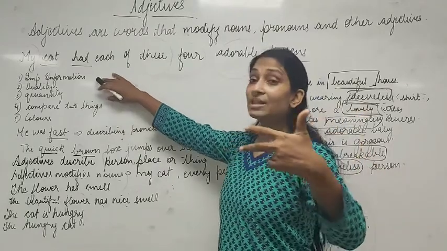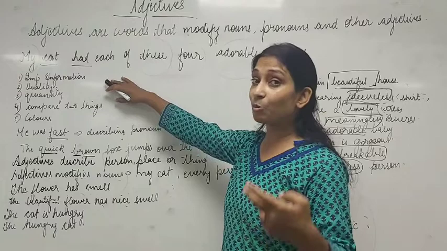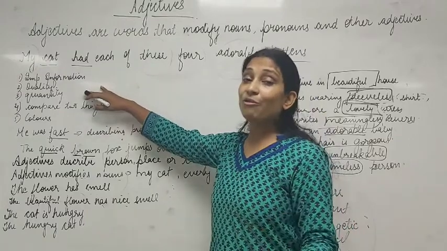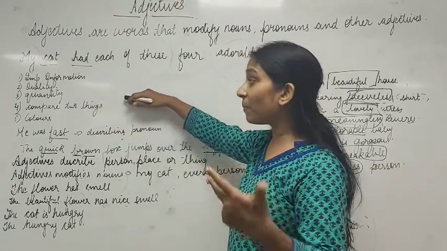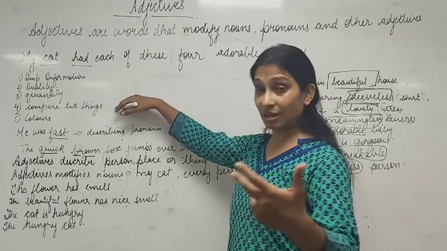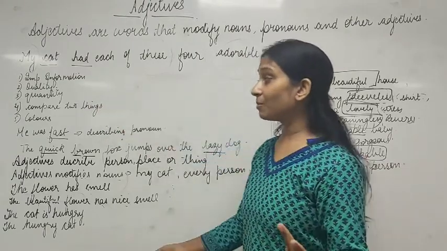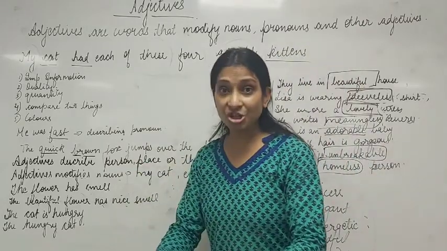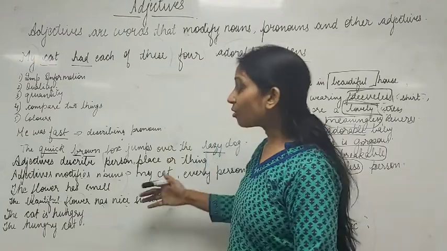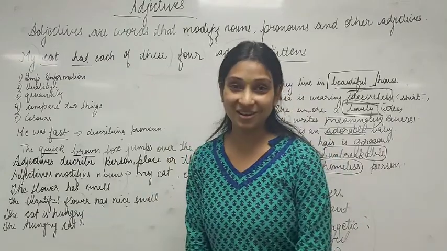So here, when some important information is given about a person, place or thing, the quality of a person, place or thing, the quantity of a person, place or thing is given, comparing persons, places or things, right? Colors of persons, places or things, or they modify them. They tell us the ownership, the possession, that also comes under adjectives.